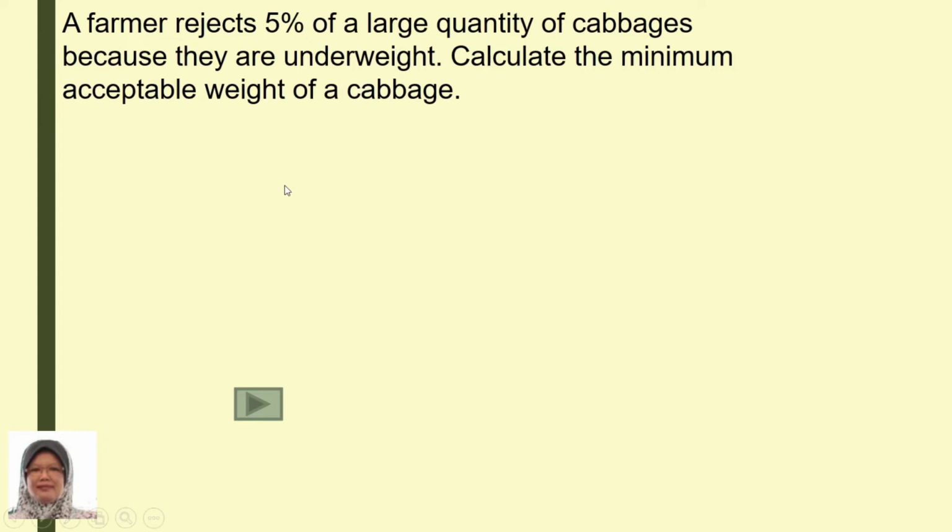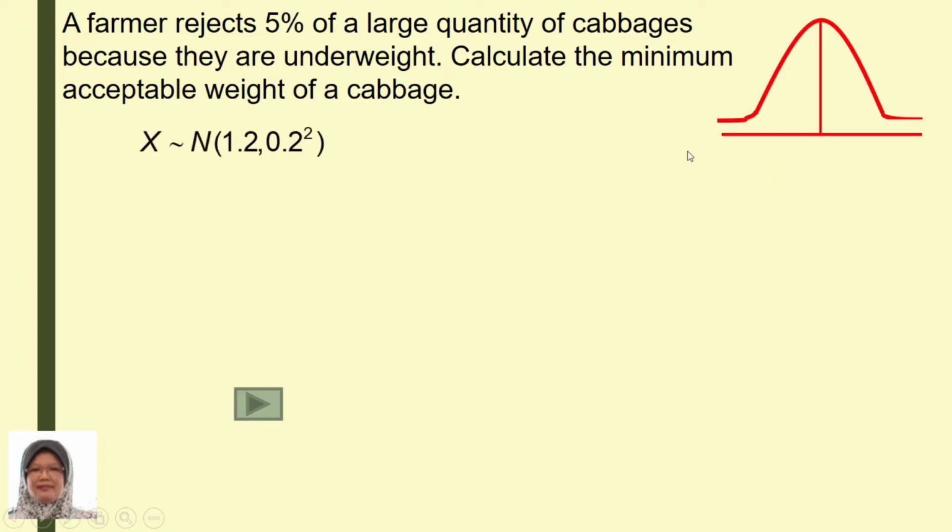Okay, another question. A farmer rejects 5% of a large quantity of cabbage because they are underweight. Calculate the minimum acceptable weight of a cabbage. From this information, we draw a graph. At the right side the mass of cabbage is large, and the mean for this distribution is 1.2.